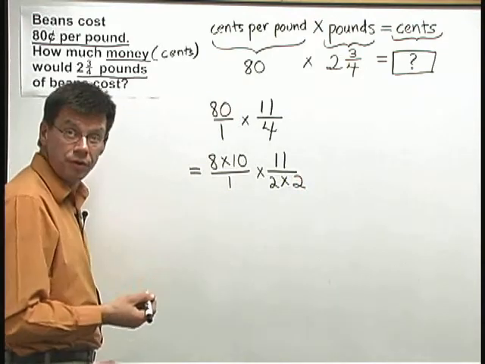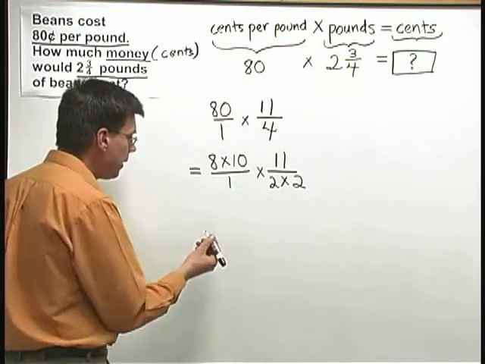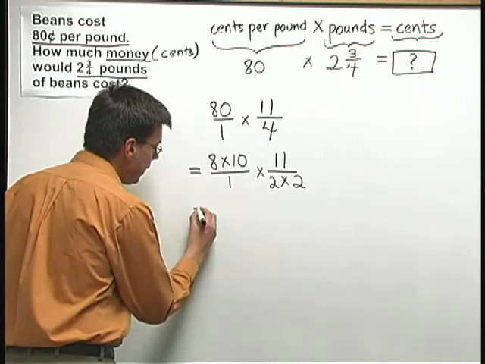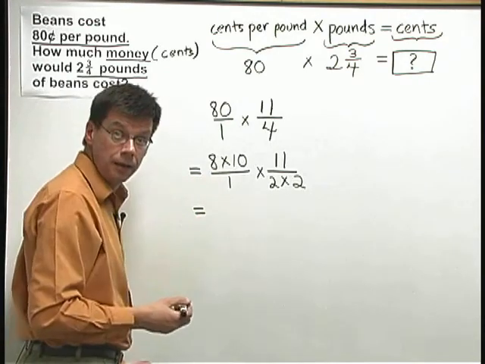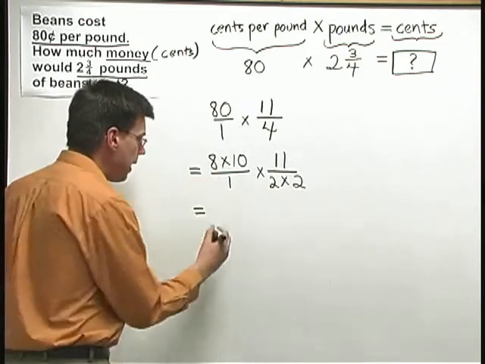I don't see any numbers that I can cancel yet, but I think I'm going to be able to cancel if I break down the 8 and the 10 into factors once again.